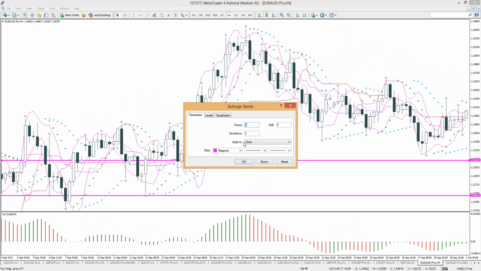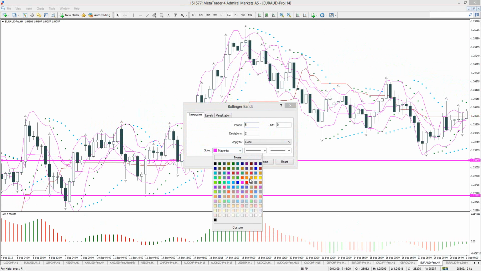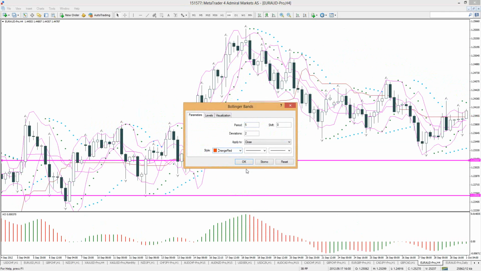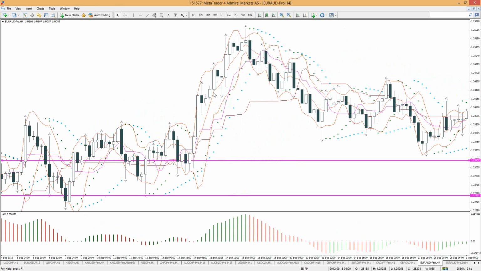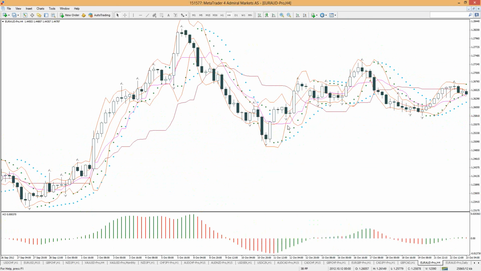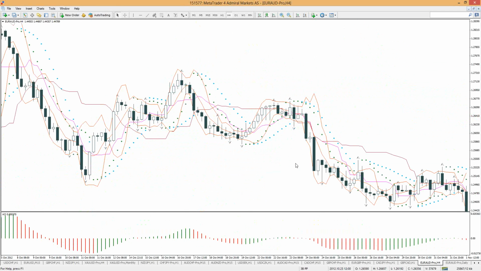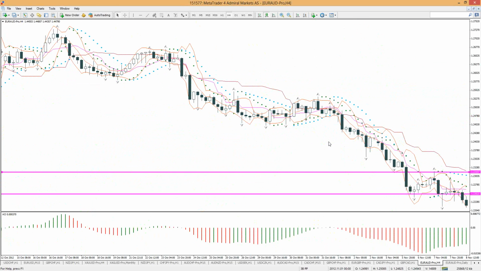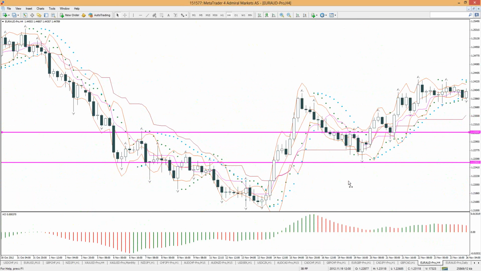Now I'm using confusing colors, so let me make this orange. And let's take a look at some quick examples maybe. It won't filter out everything, obviously. But it could be a refined tool to be careful of potential breakouts, maybe.